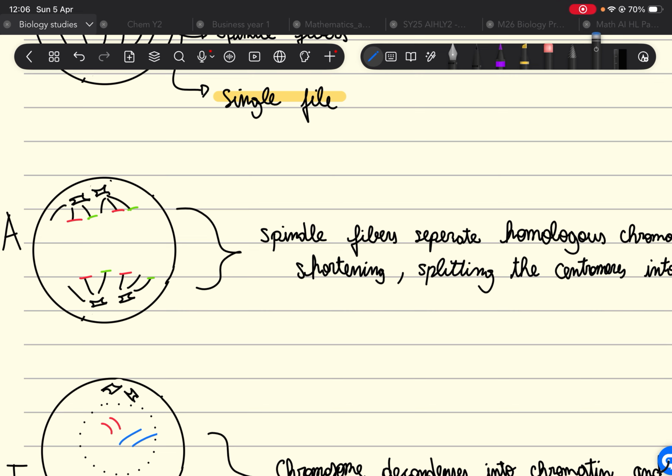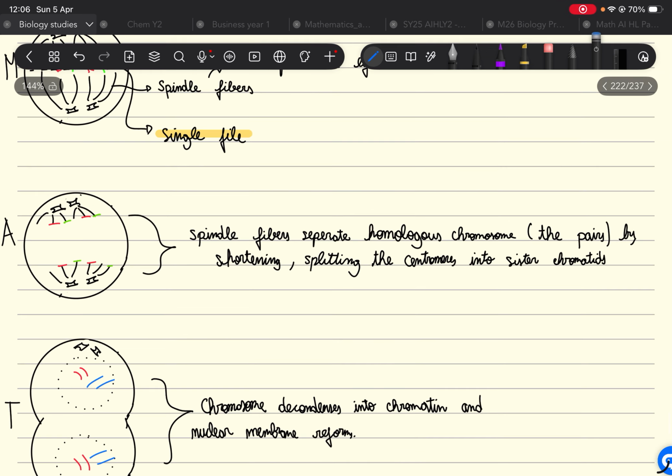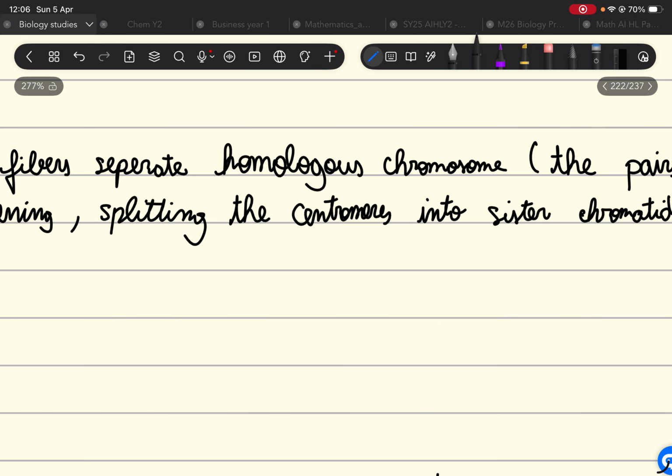You're shortening the spindle fibers. So the spindle fibers separate the homologous chromosomes into sister chromatids. So now, instead of them looking like a chromosome, they're looking like a chromatid.